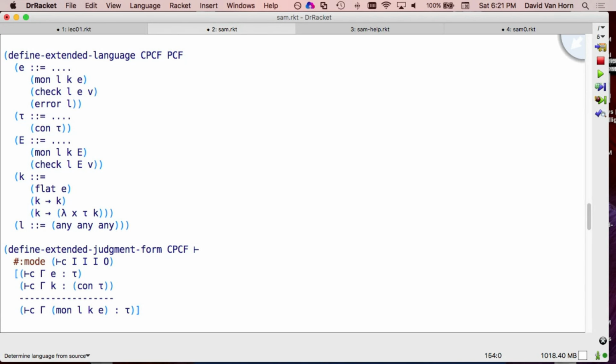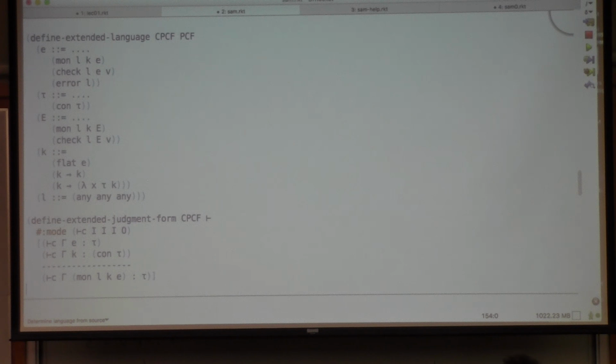So here, this is what I said I would show you: how you can build a language on top of another one. Here is CPCF, for contract Pacman computable functions, and it's defined as an extension of just Pacman computable functions.